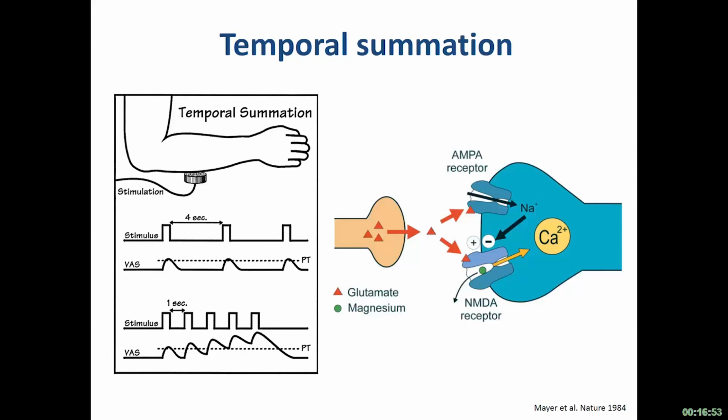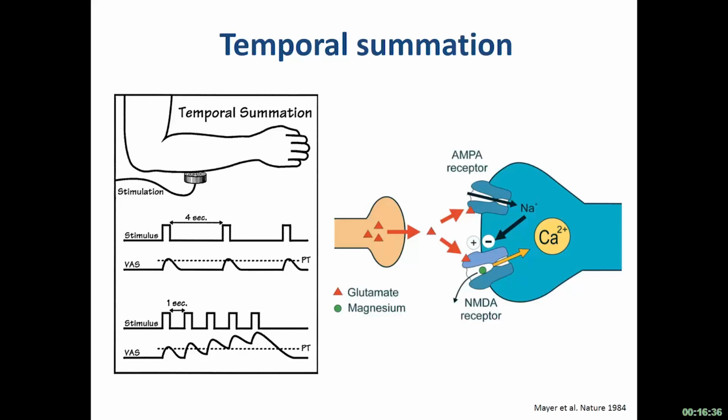And this is because the NMDA receptor, which is normally blocked by a magnesium ion in the pore, becomes activated due to depolarization through all these rapid stimulations, and then the magnesium block is removed and we have activation of the NMDA receptor.